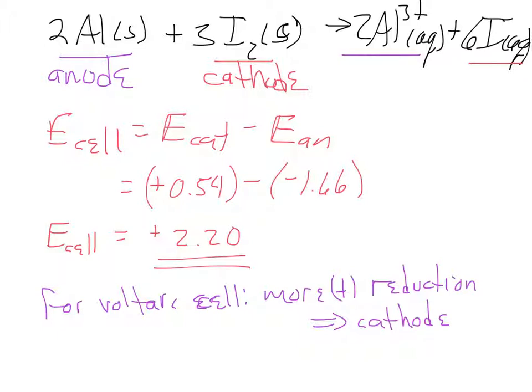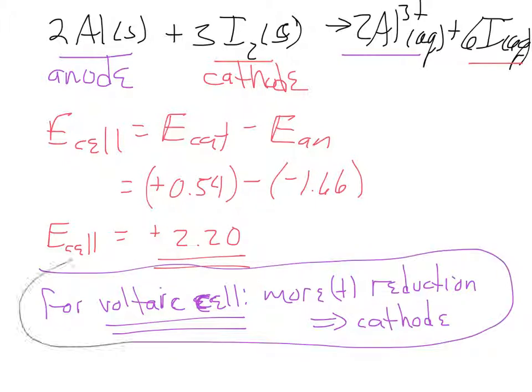But that only works if you have indeed a voltaic cell. Because remember, voltaic cells have to have a spontaneous process. And you only get a spontaneous process if the more positive reduction potential is your cathode. So that's a very important piece of information to use later in this chapter.